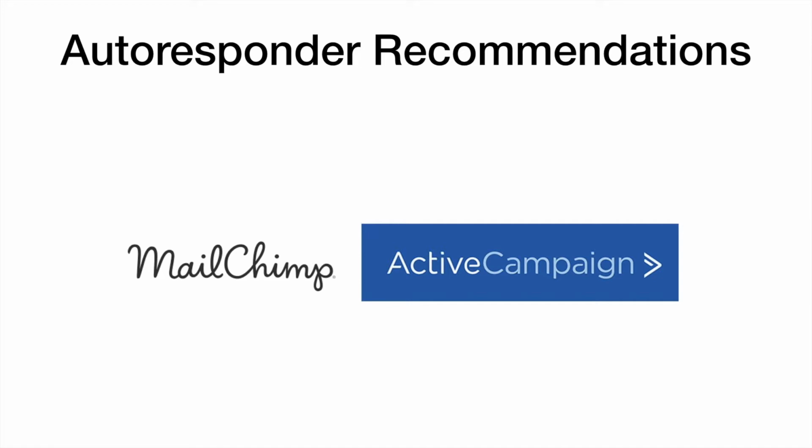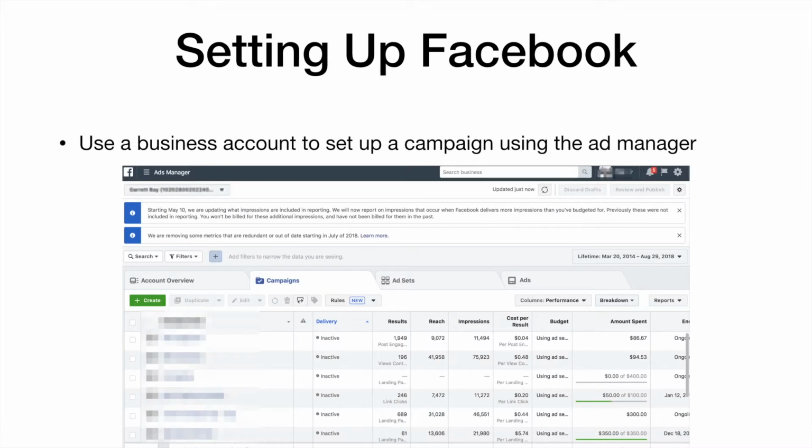If you've got Unbounce going with a landing page creator, then you can automatically sync it to add these to MailChimp and ActiveCampaign lists. If you have WordPress, there are also plugins for this. These are the two most well-known and common autoresponders that you can use, and you would set up an email sequence when they sign up, giving them some free content, and then just continually email them.